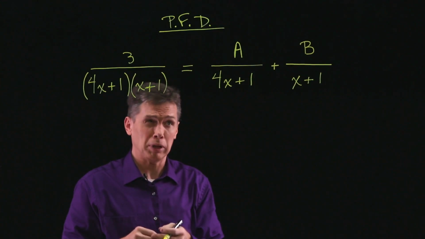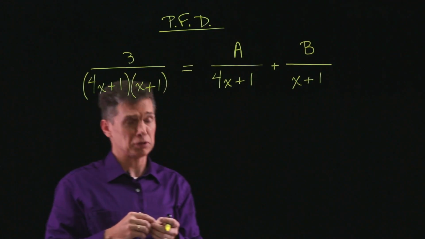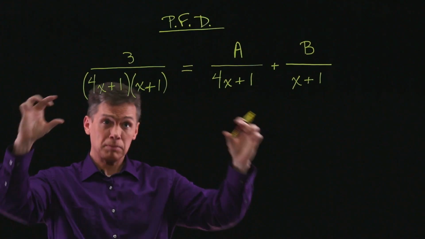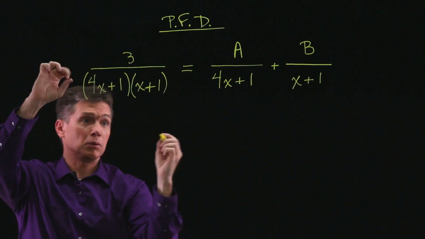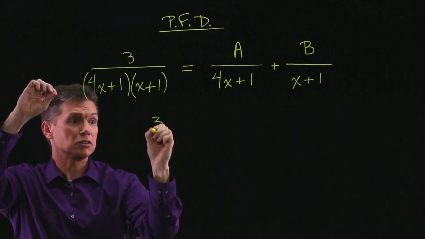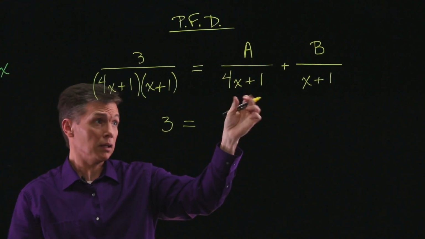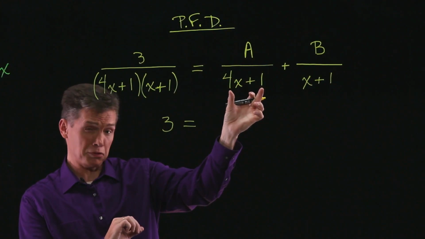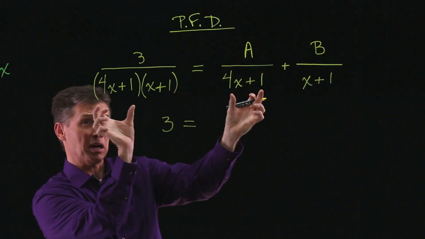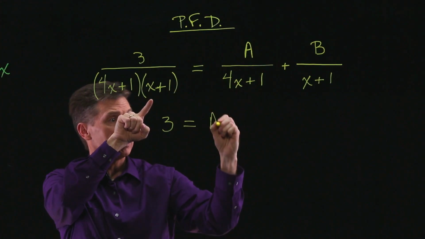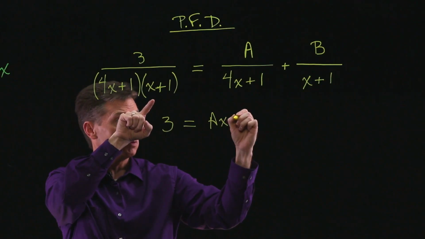Now you do your algebra to find those exact values for A and B. So I multiply the entire equation by that denominator, and what happens on the left is I just get the numerator of 3, and on the right-hand side, the first fraction has 4x plus 1, which is going to cross out with that 4x plus 1, so the A only gets multiplied by the x plus 1.